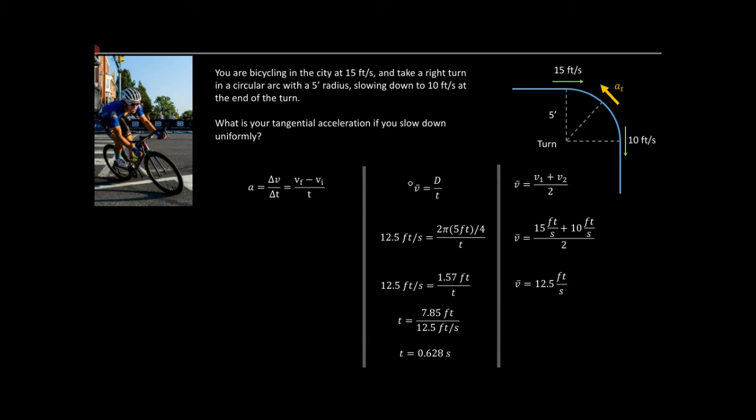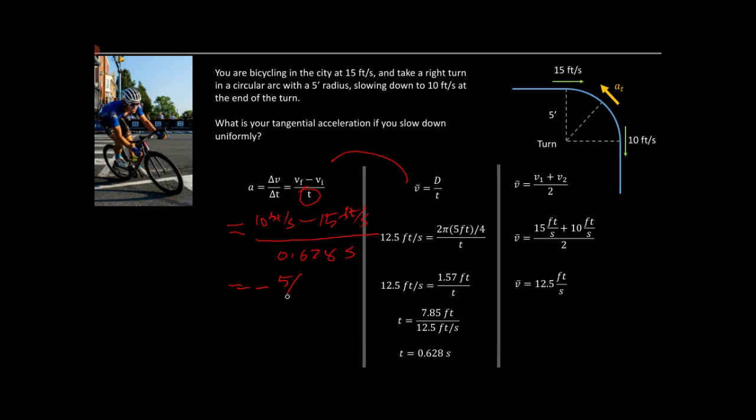Okay, so now we've got this thing that we can bring the t into here with. So we've got Vf minus Vi, so that's 10 feet per second minus 15 feet per second. So this is going to be negative because we're slowing down. And then we have 0.628 seconds on the bottom.